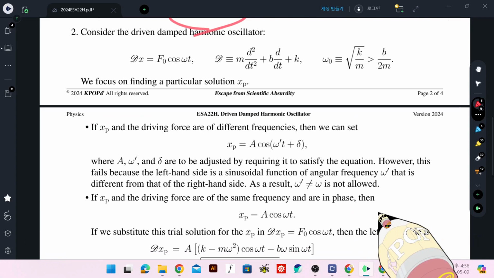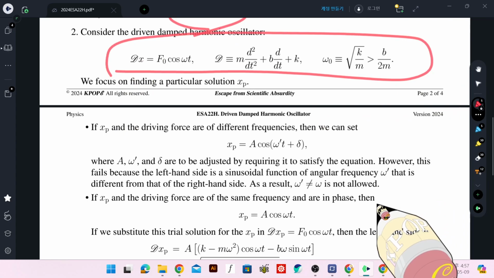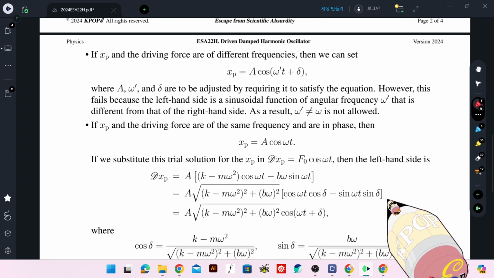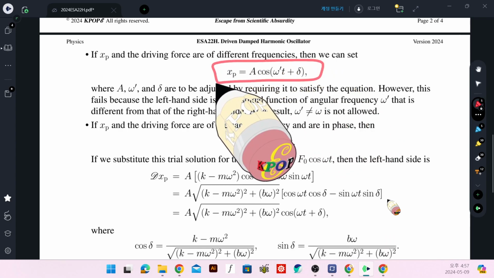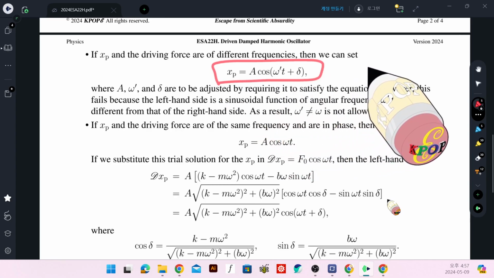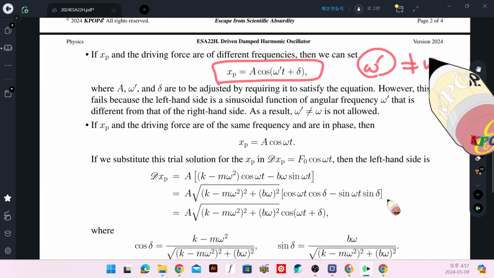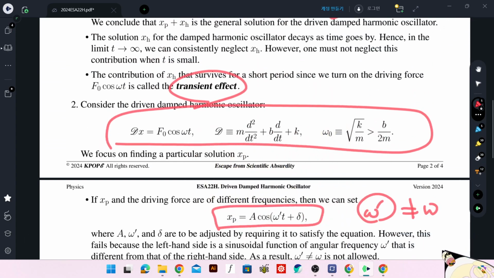Consider the driven damped harmonic oscillator. Why don't we introduce a particular solution and check whether it satisfies the relation or not? Suppose we consider a frequency that is different from the driving frequency omega given here.